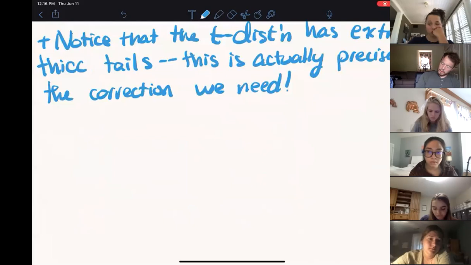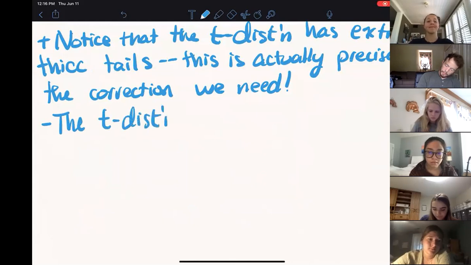And let's start talking about it. So the t distribution has an additional parameter.